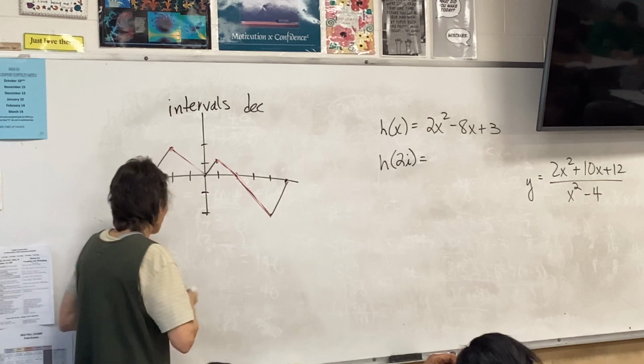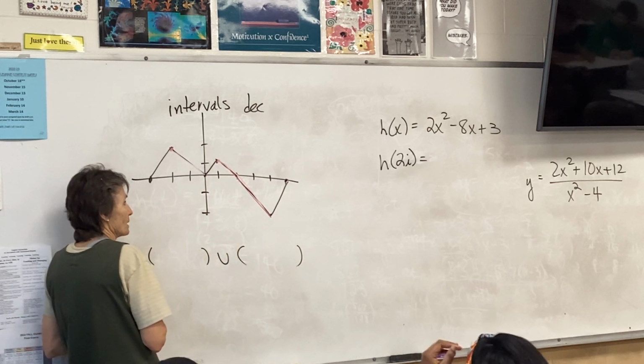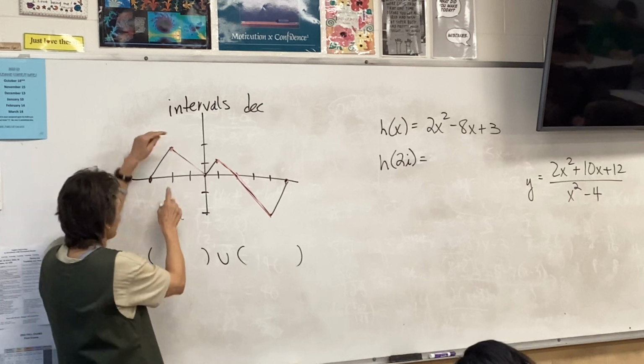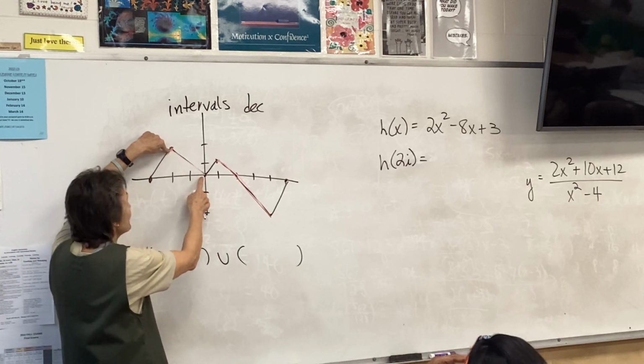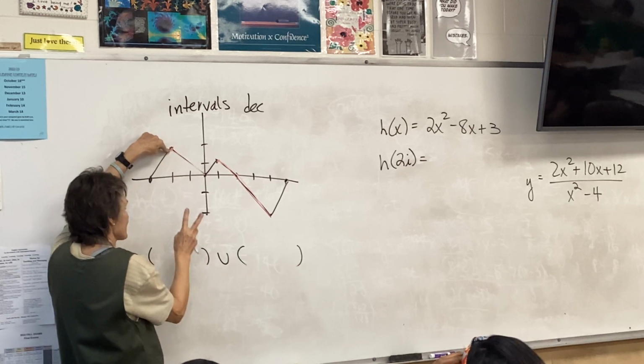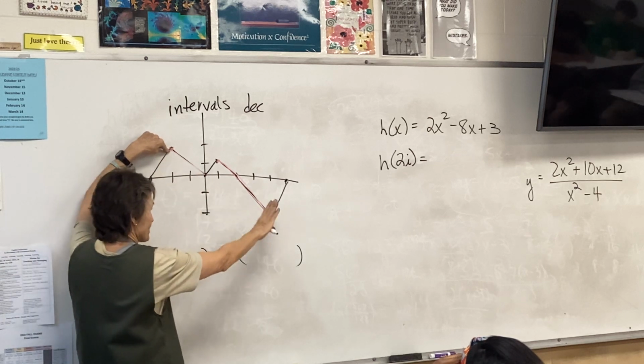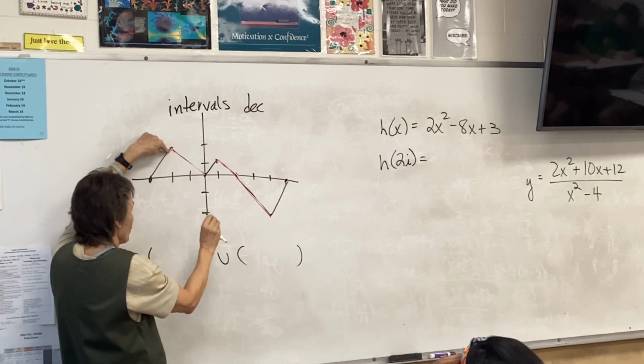So now you're going to have two intervals, my two red intervals. They are going to be from here to here. Now, when you write the interval, you use the x coordinates. We're going left to right, so we're looking at x coordinates.